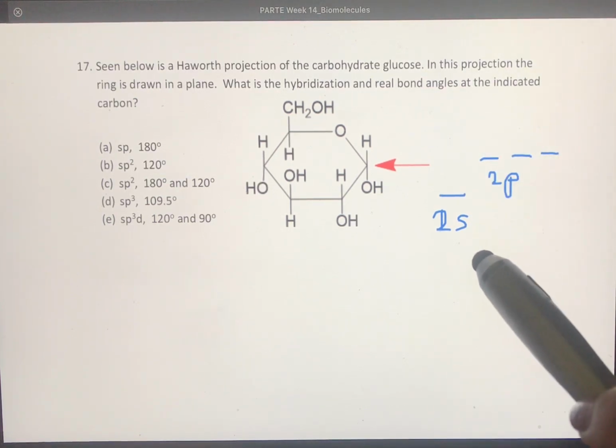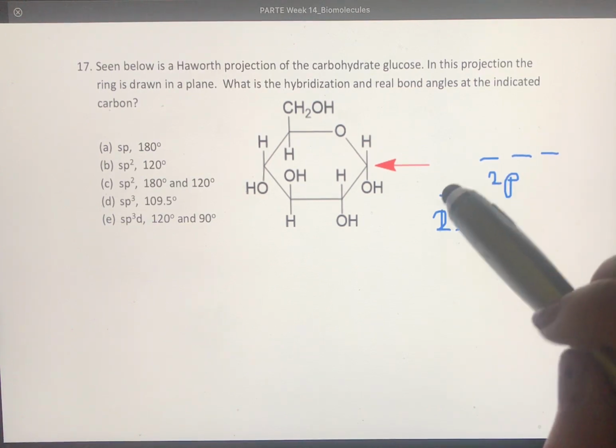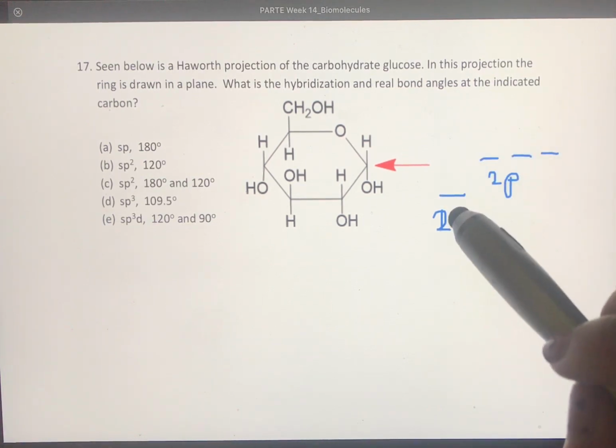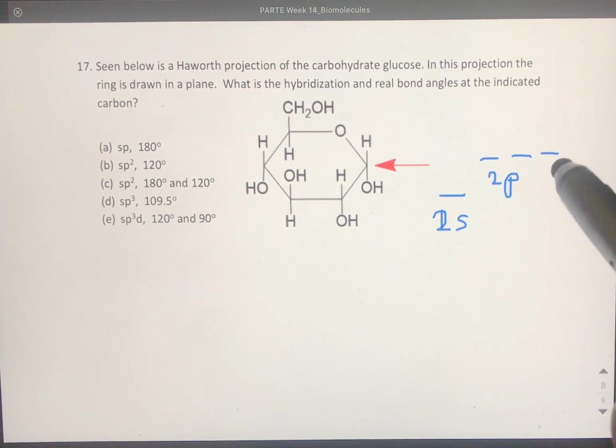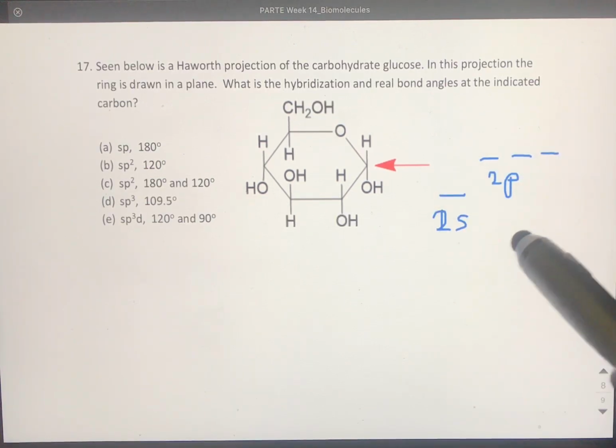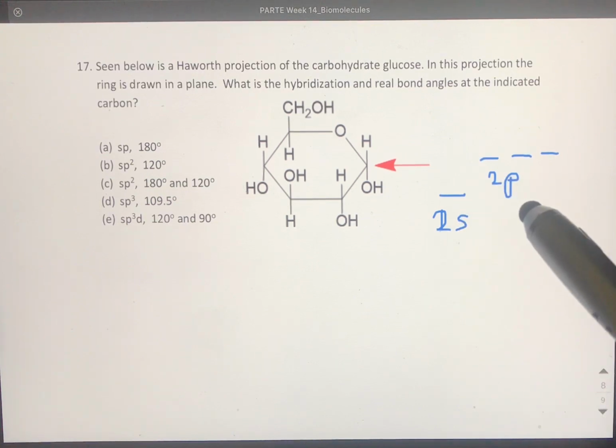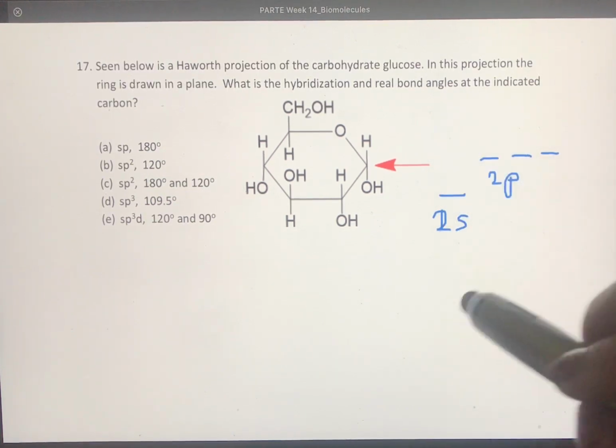So if carbon has 4, it likes to split evenly with all of the orbitals that it can use. So if we don't have any double bonds, then all these kind of mix together. We call it hybridization, so that they're all equal.